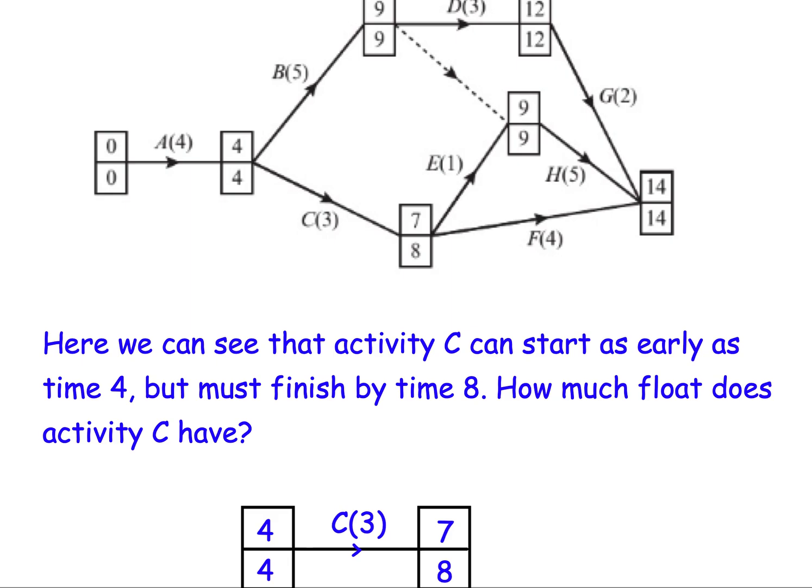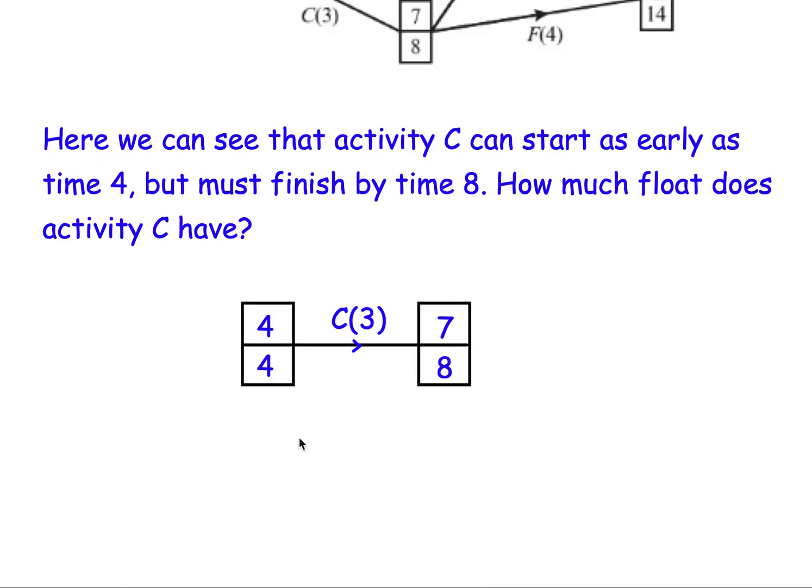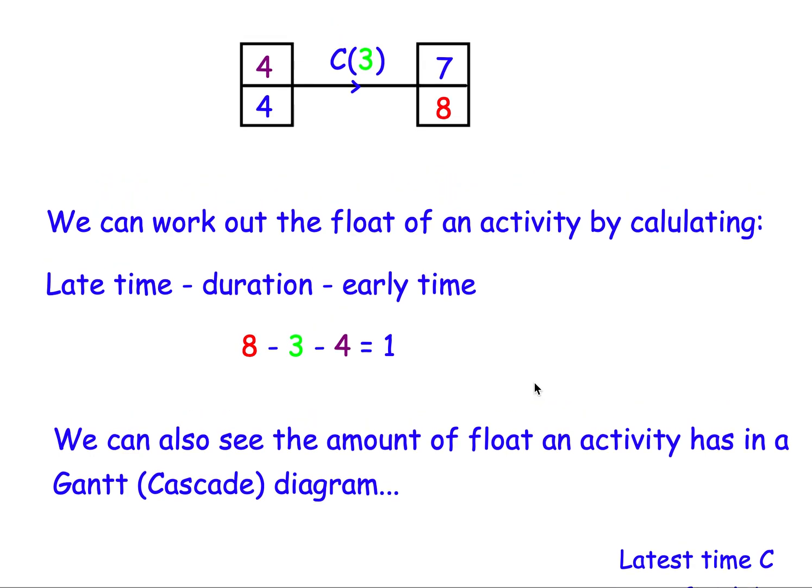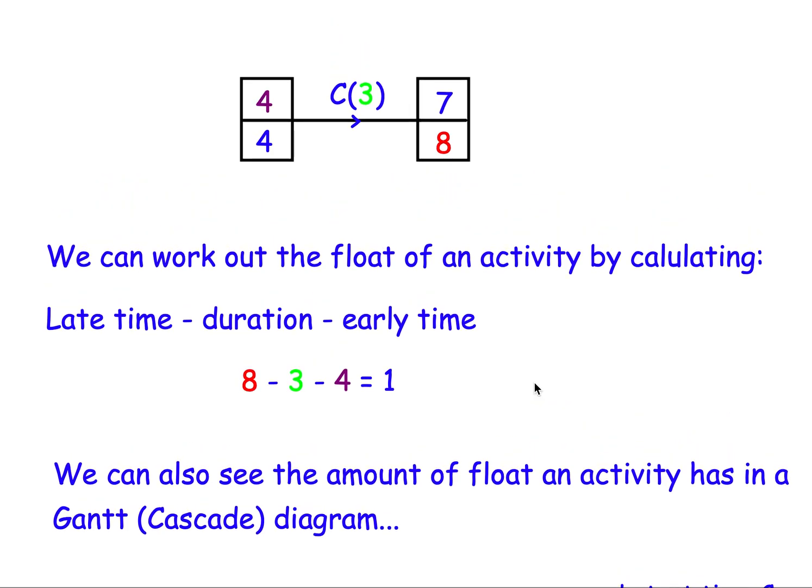So I've redrawn activity C here, and we can find the float by subtracting, from the late time, so from the 8, the time it takes to complete the activity and the early time of the activity, and that will give us the amount of float that the activity has.